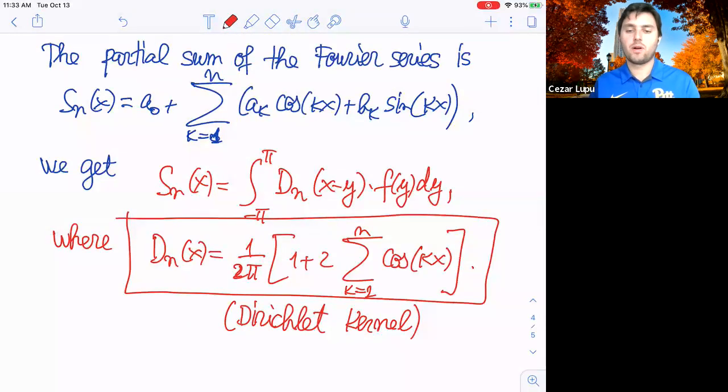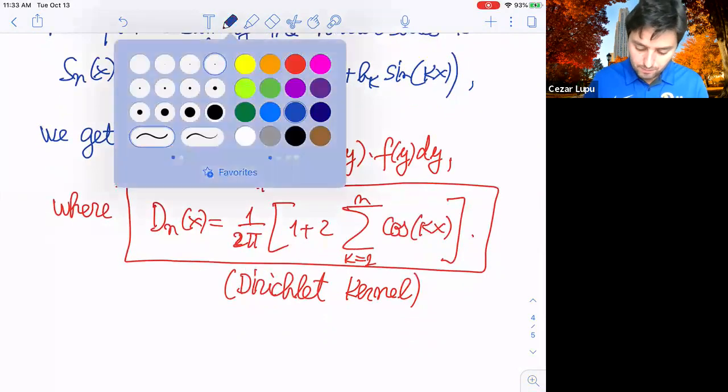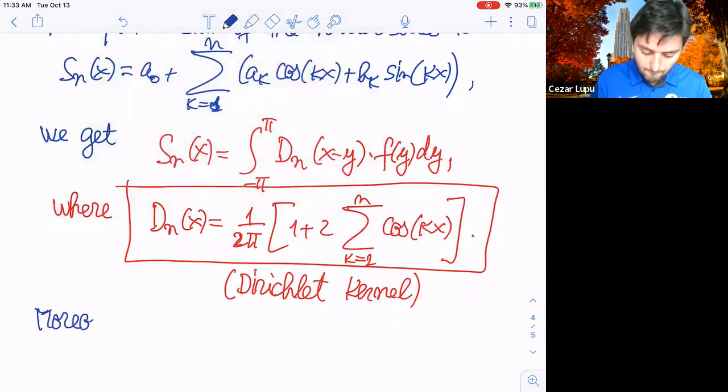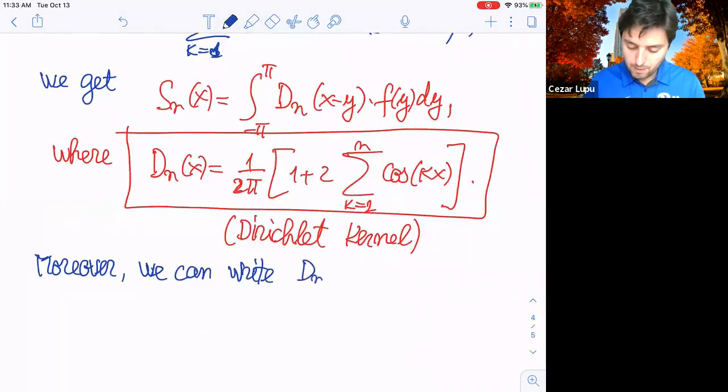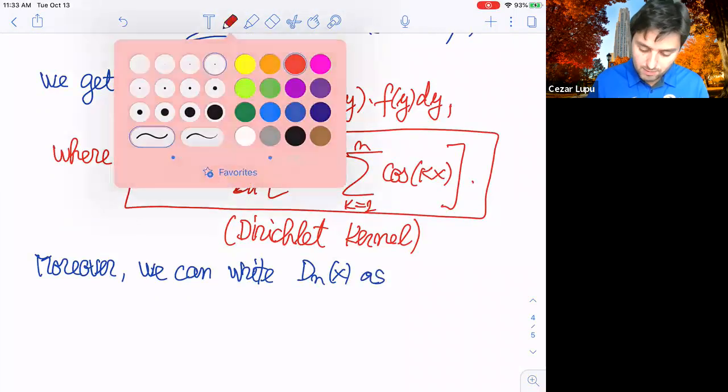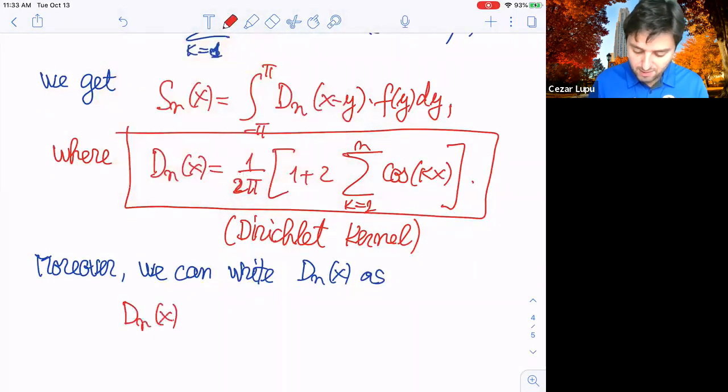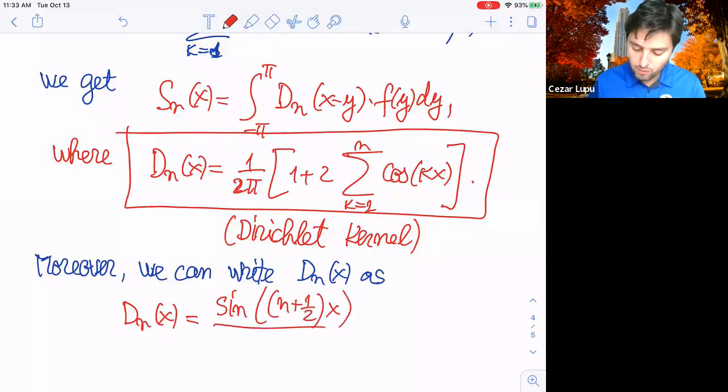And moreover, if you want to use elementary trigonometric identities, one can write this Dirichlet kernel again as, and this is an important formula, sine of (n plus 1/2) x over 2 pi sine of x over 2.